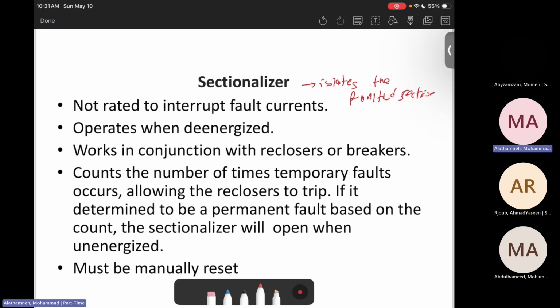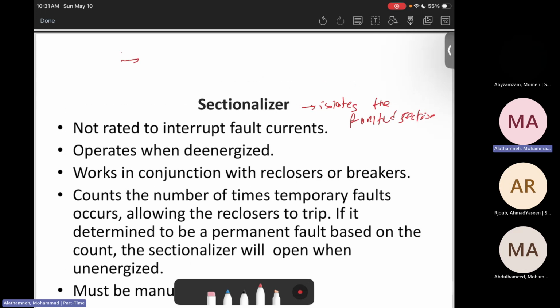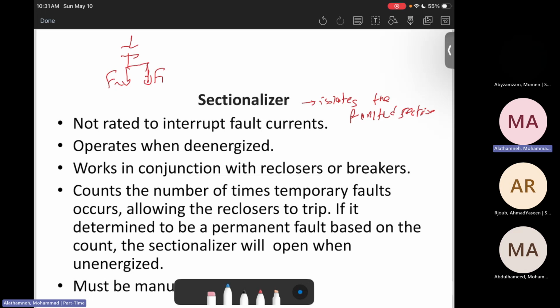Sometimes, assume here is the distribution generator, distribution transformer. Then it goes to this feeder. Then it goes through feeder 1. Then from that feeder 1, it can branch like feeder 1, 2, and feeder 2, 1. Feeder 1, 1, and 1, 2.